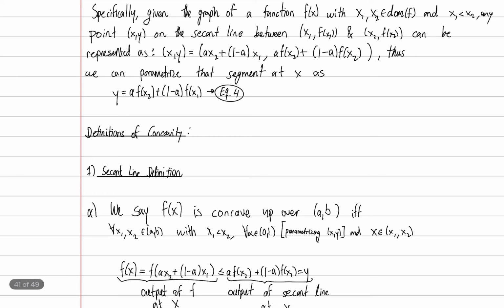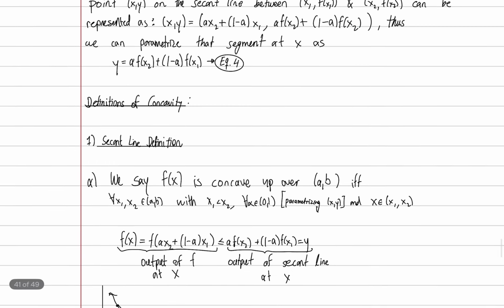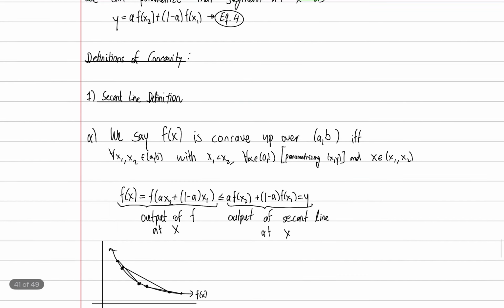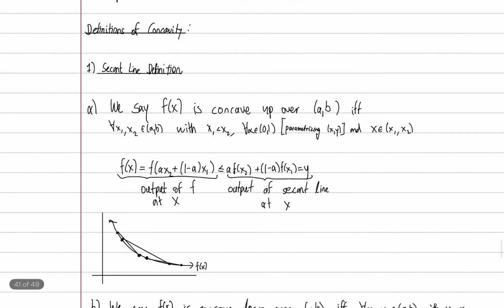And now we can finally discuss the definitions of concavity. Number one is the strongest definition by far, and this is the one that we mean when we say concavity. It's the secant line definition. Intuitively speaking, it makes sense, and it's easy to confirm, but rigorously and analytically, it's a lot more difficult to establish.